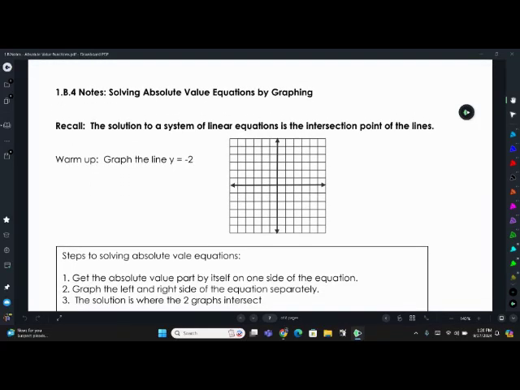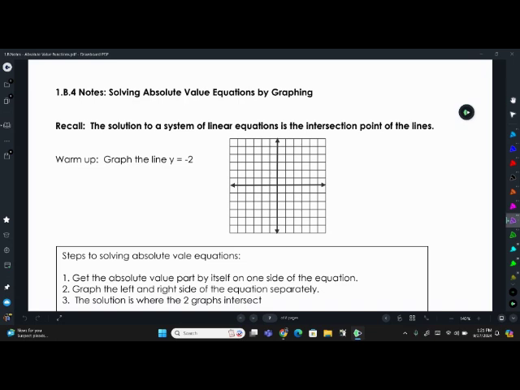Alright, so the last day of notes here is about solving absolute value equations by graphing. Now, remember when we solved systems of linear equations, we said wherever those two lines intersected, if they did intersect, that was going to be our solution. So the same idea here, we're going to look at and see where the absolute value function crosses the other line.